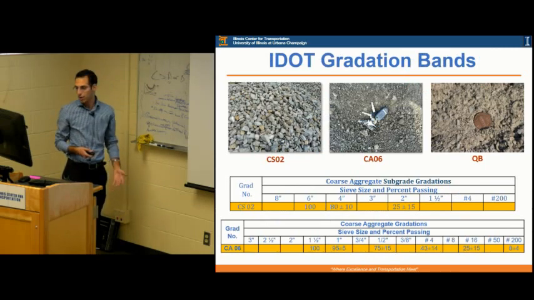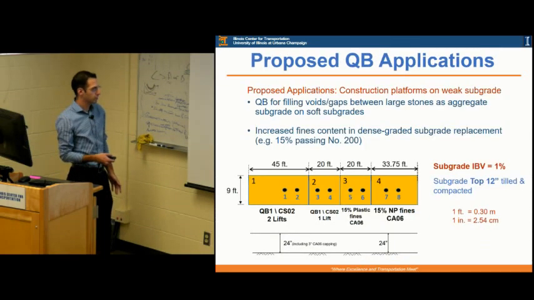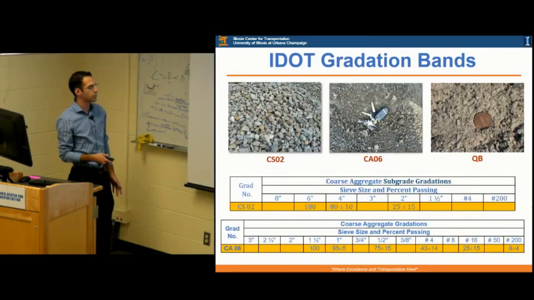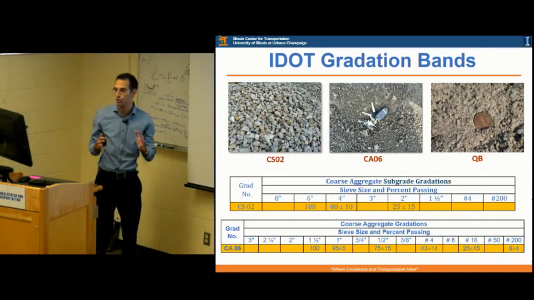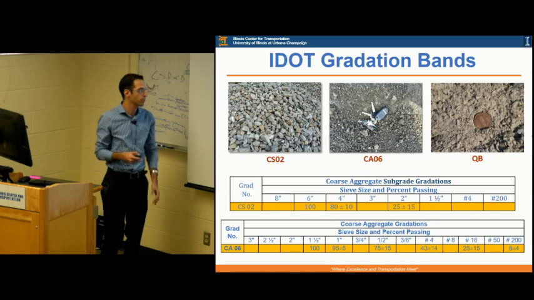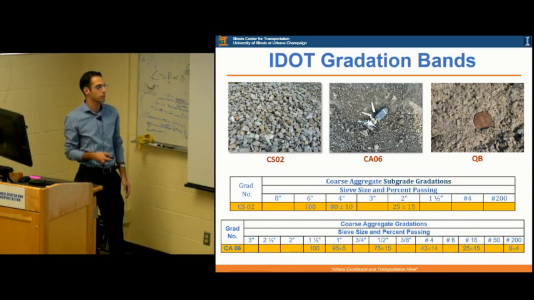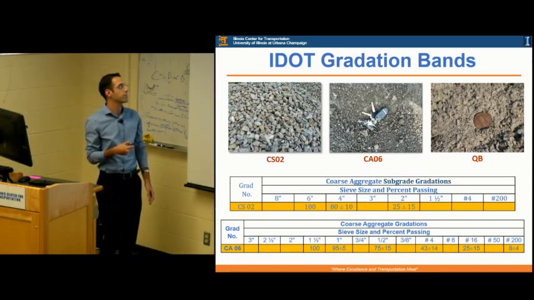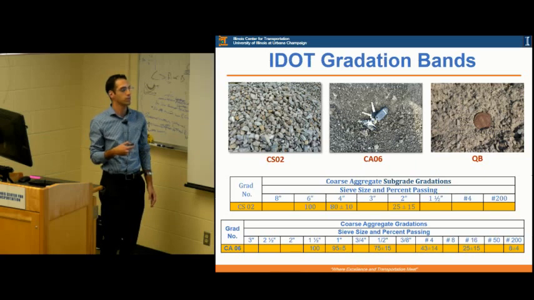Just to explain what's the CA6 material and the CSO2 material I'm talking about. These are the gradations of these materials. So the CSO2 is a really open-graded large rocks up to 6 inches in size with very little amount passing the 2 inches, so they're huge rocks. And there's big voids in between that can be filled with quarry byproducts for stability.